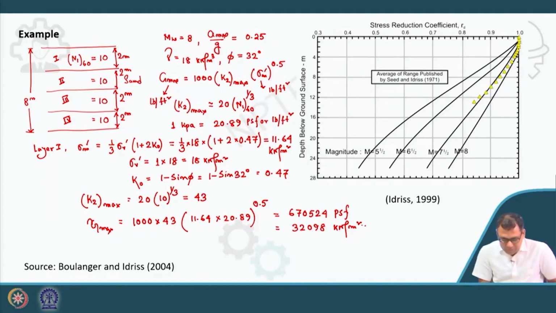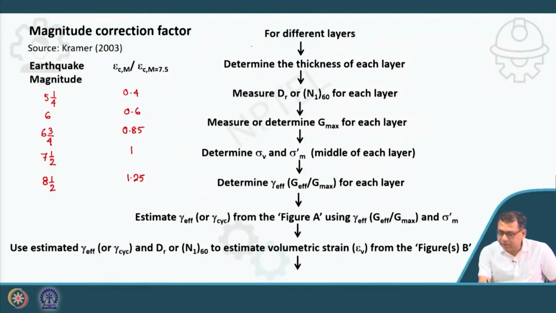Okay. So for G, now I will calculate this term, because if I go through the steps, you can see for different layers I have identified. I know the thickness of each layer. I know the N160 value for each layer. Then estimate the Gmax, which I have done for the first layer. Similarly, you can do it for the second, third and fourth layer. Next, I know the sigma V and sigma M dash at the middle of each layer.